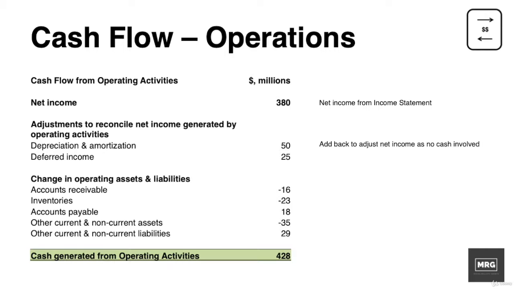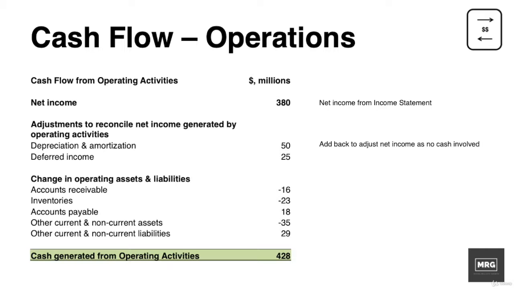So what does this mean? If you bought a machine 10 years ago and the machine at that time was worth 10 million, you have to expense it off 1 million over a period of 10 years.